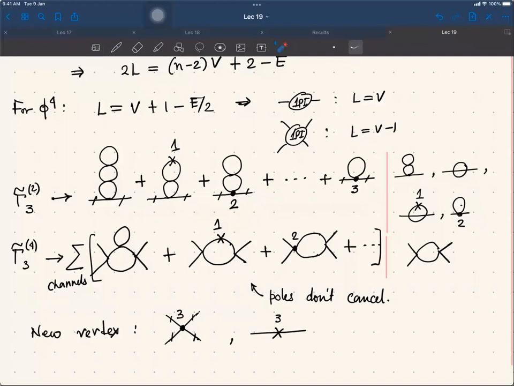And that happens when the residues of the poles that appear as the counter terms are polynomials in momentum and mass. If you satisfy that property, then only this method would work.